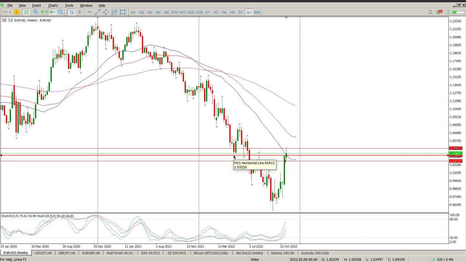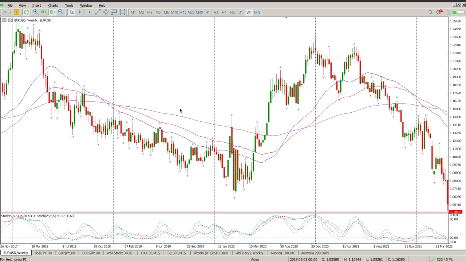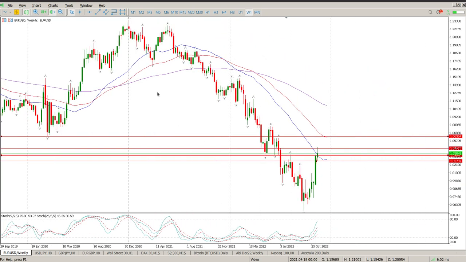You can see that right there, 103.550. So if the weekly bar closes above that, that's going to seem like an opportunity for bulls to pretty much target this next swing low up here, which would be 106.364.